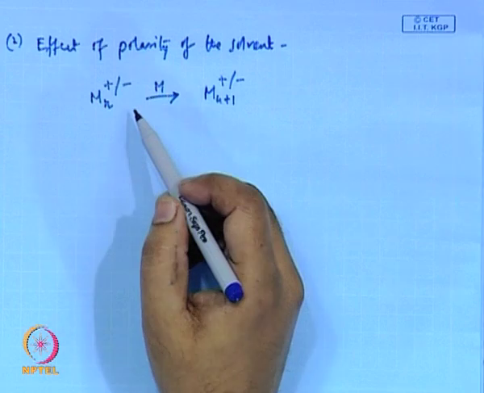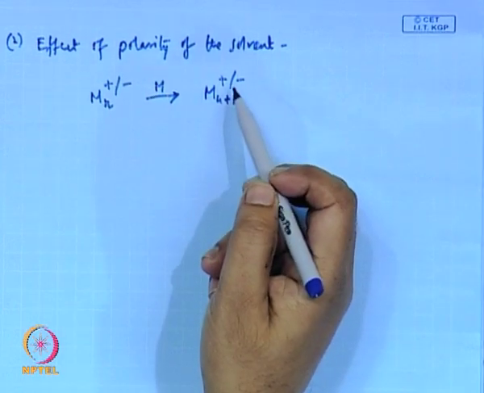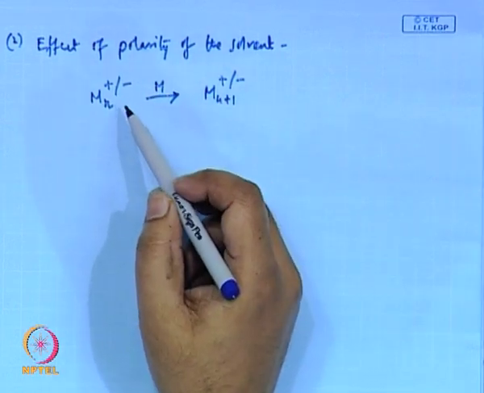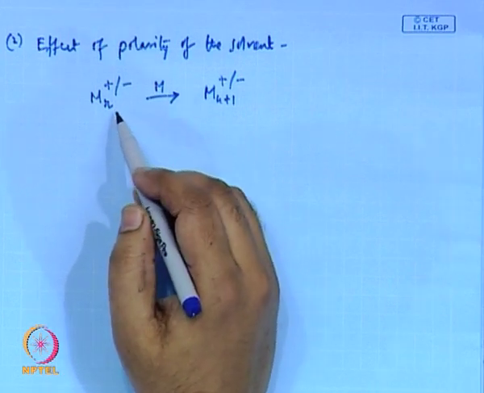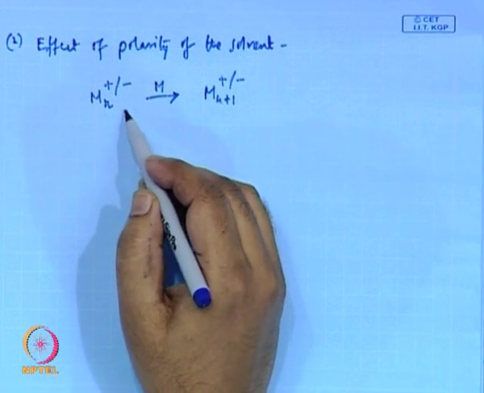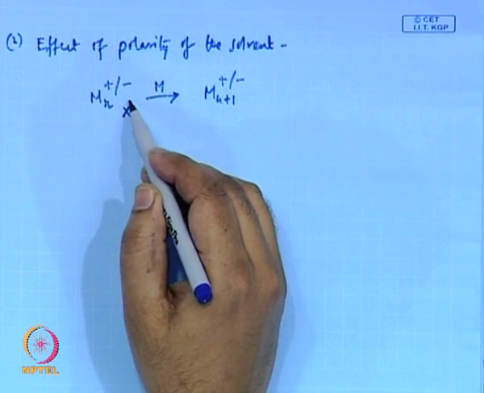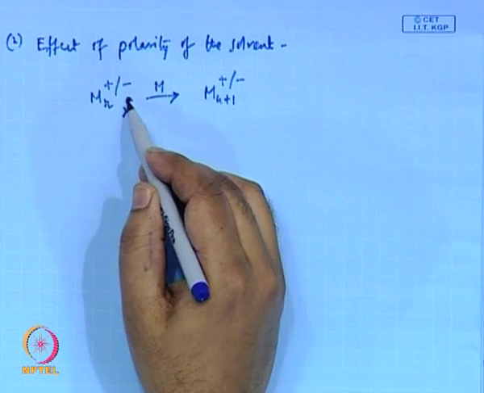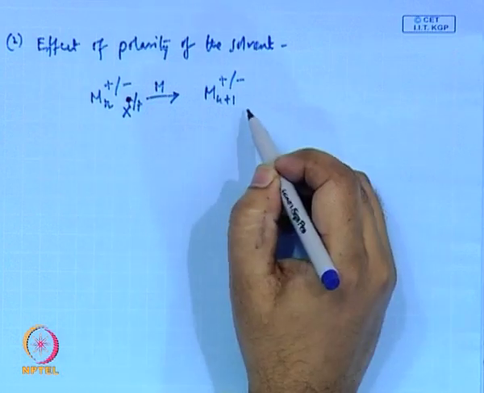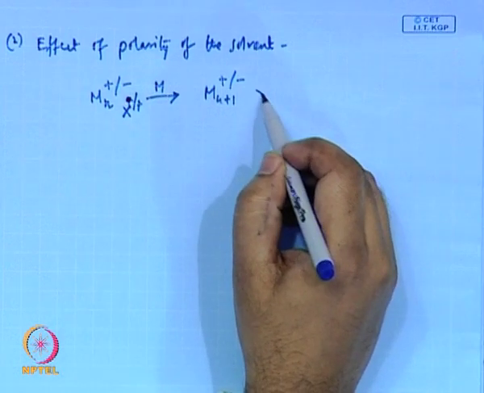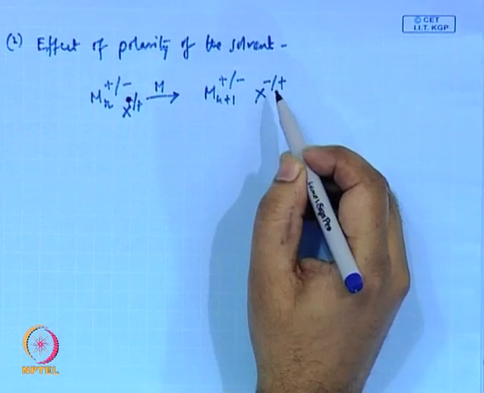Now, this anionic or cationic species is not present alone in the medium. It is always accompanied by a counter ion: for a positive center it is an anion, and for a negative center it is a cation.